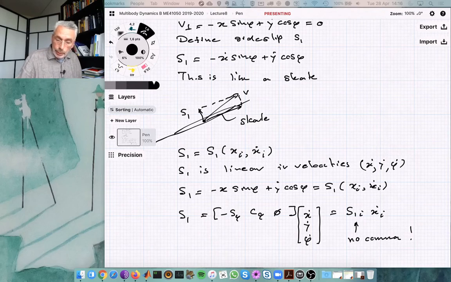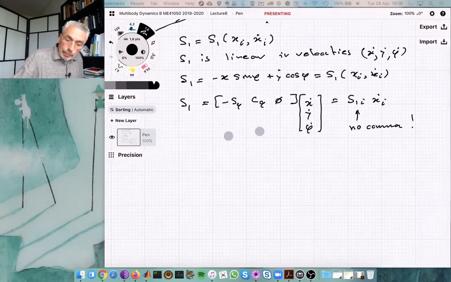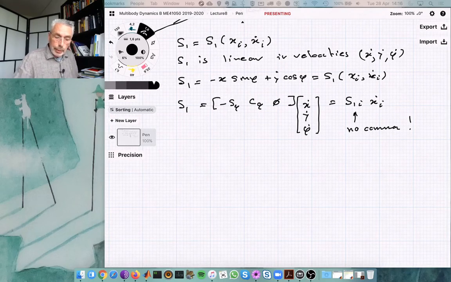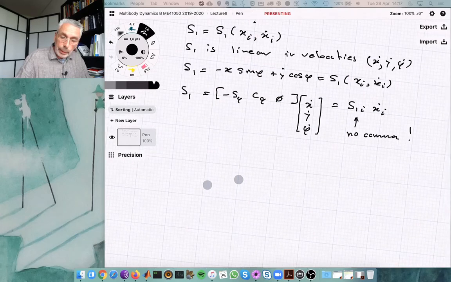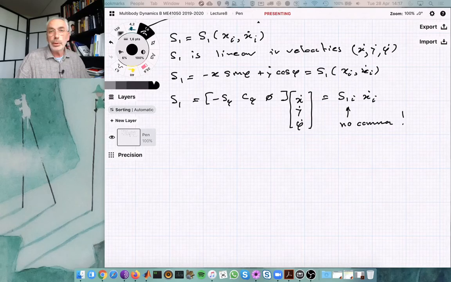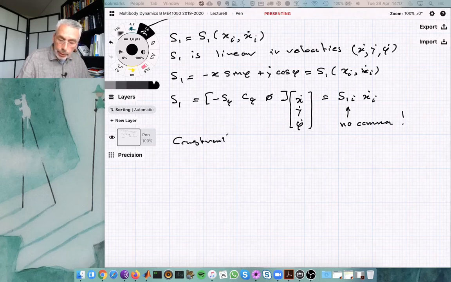So this is a vector and this is a vector. That's very nice that it's linear in the velocities. We like linearity because linear equations we can usually solve. That's handy. Now, what are the constraints on the accelerations?